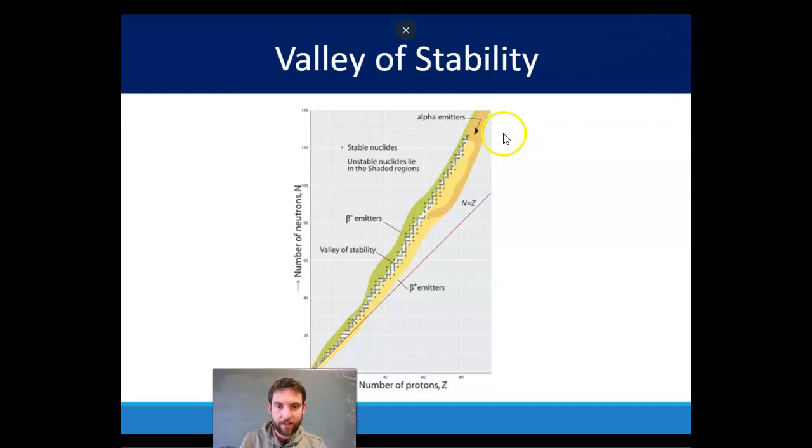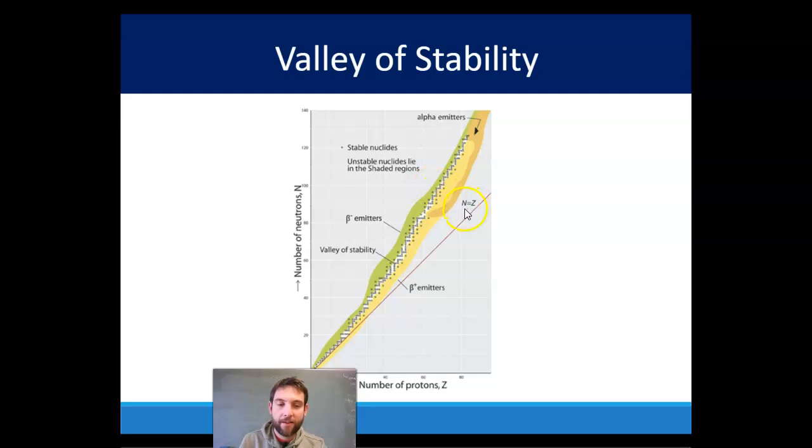Valley of stability, we've got our stable nuclides right near this curve of stability, which goes above the 1-to-1 ratio line here. The valley of stability in between there, we have our beta plus emitters slightly below, and then our beta minus emitters are going to be slightly above. You don't specifically have to remember that.